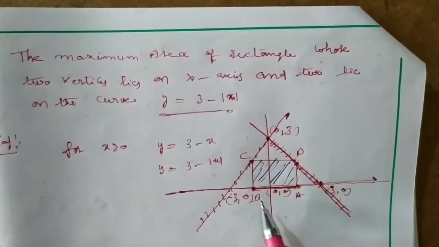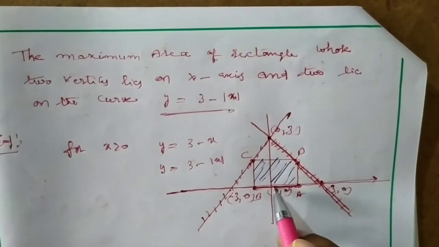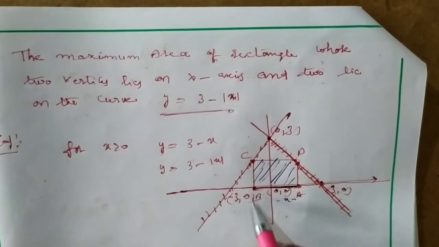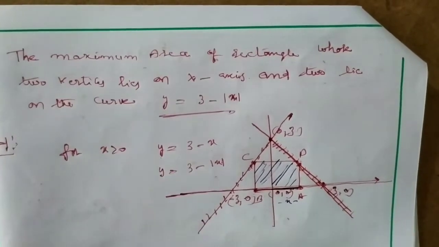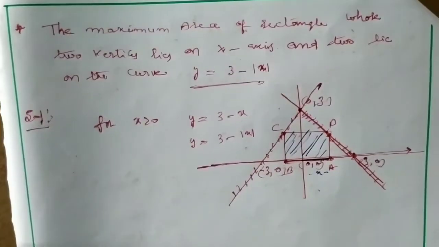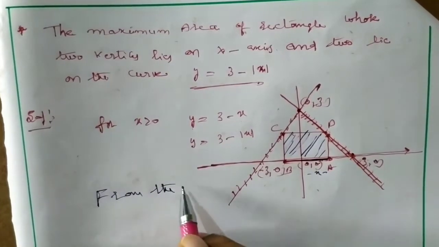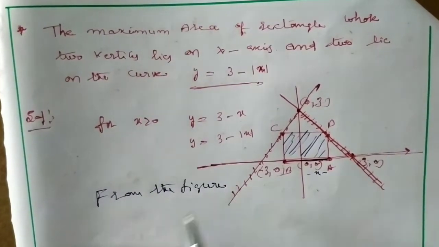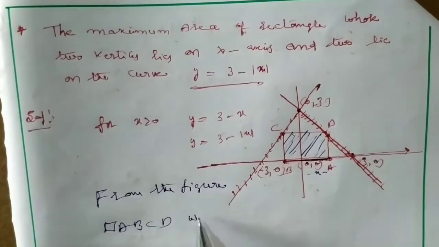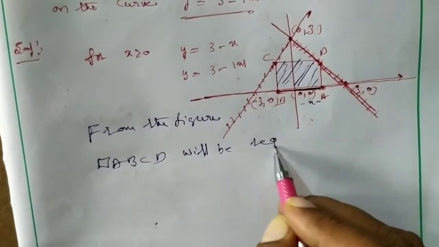In order to find the rectangular area, we need length and breadth. From the origin, let it be at a distance x, and it should be the same distance on the other side. From the figure we notice that ABCD is the required rectangle.